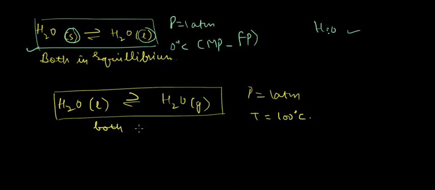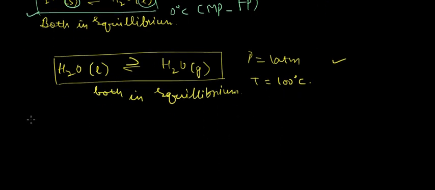Both would be in equilibrium at this particular point. So we can extend the definition of the law of definite proportion in this case as well. One more thing, no matter what the source of preparation of this water molecule is, the law of definite proportion will still hold, as the final compound formed is the same.